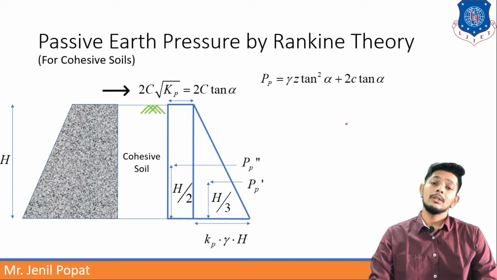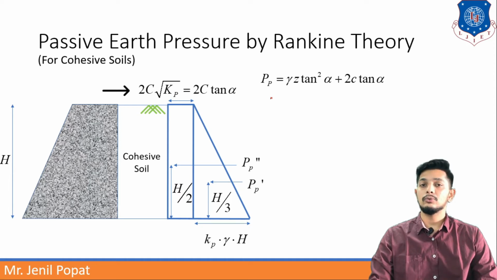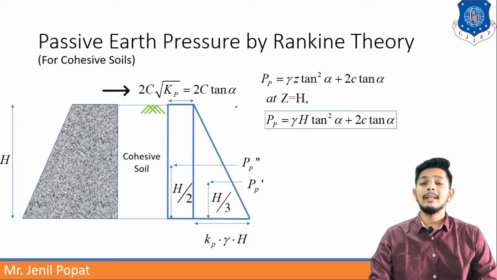Furthermore, we can use the same formula to find out the pressure diagram. How can we plot this pressure diagram? Let us understand that we have the equation Pp is equal to gamma z tan square alpha plus 2c tan alpha. Here, if I want to find out at the base, z is equal to H height, I will get Pp as gamma H tan square alpha plus 2c tan alpha.